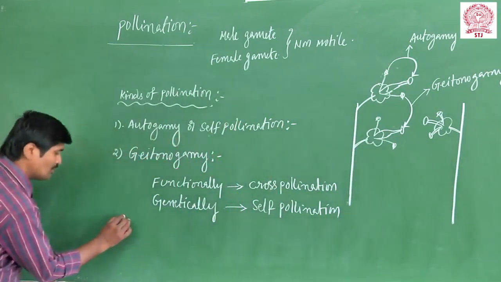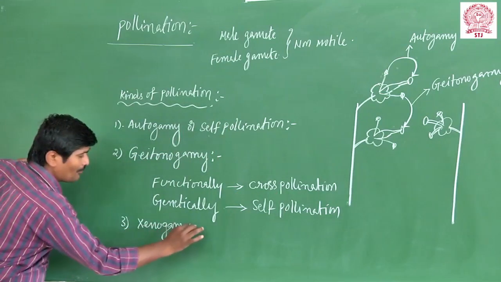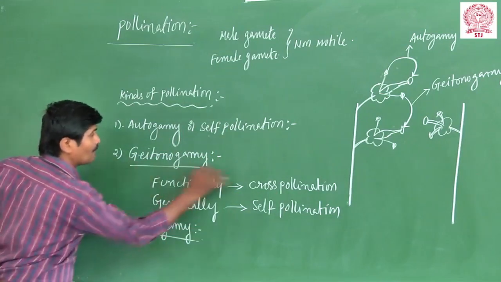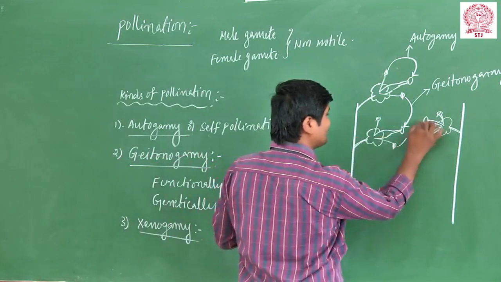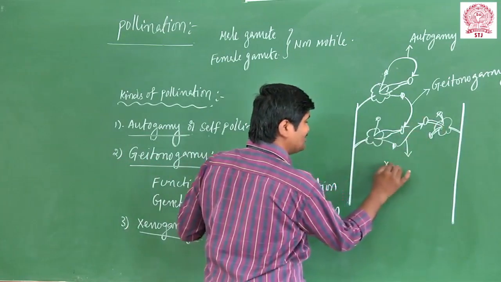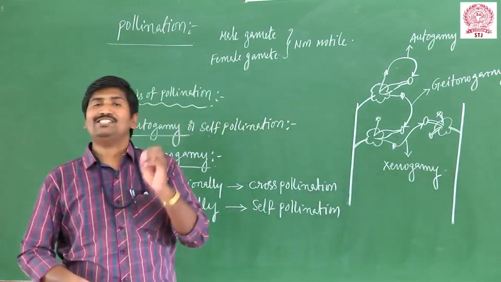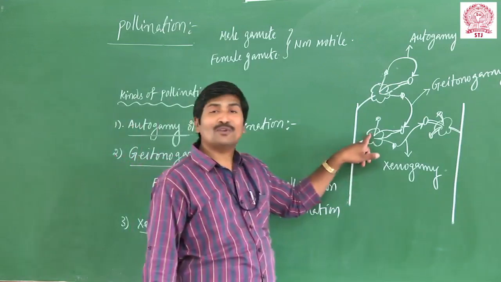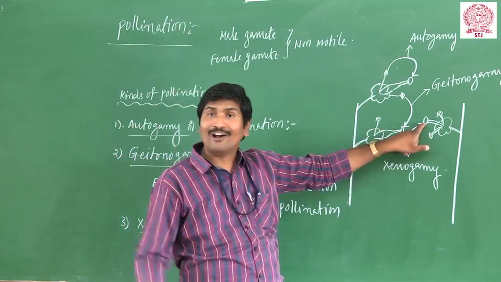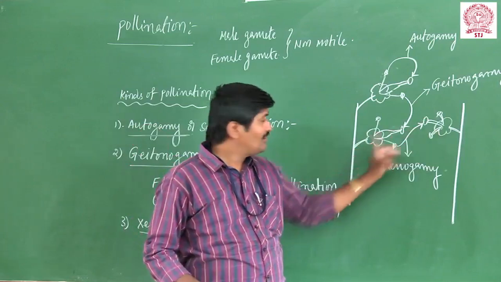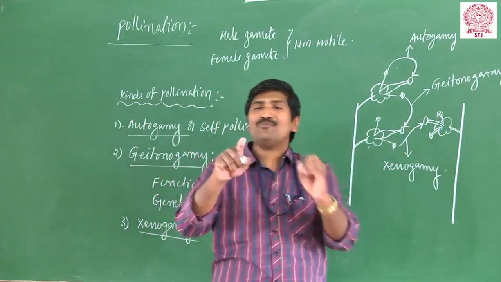Third one, xenogamy. What is xenogamy? The transfer of pollen grains from the anther to the stigma of different flowers on different plants belonging to the same species.